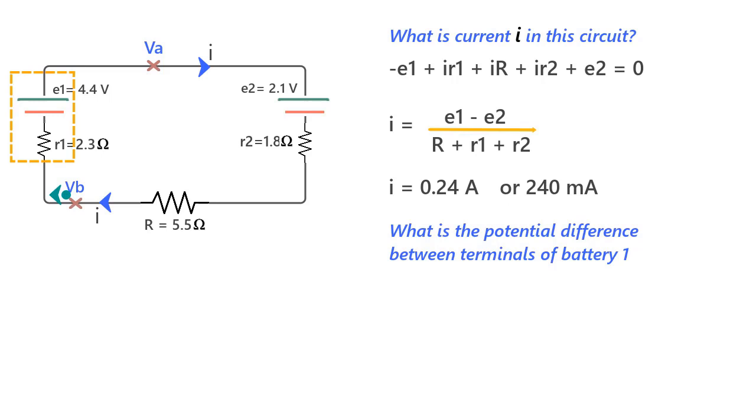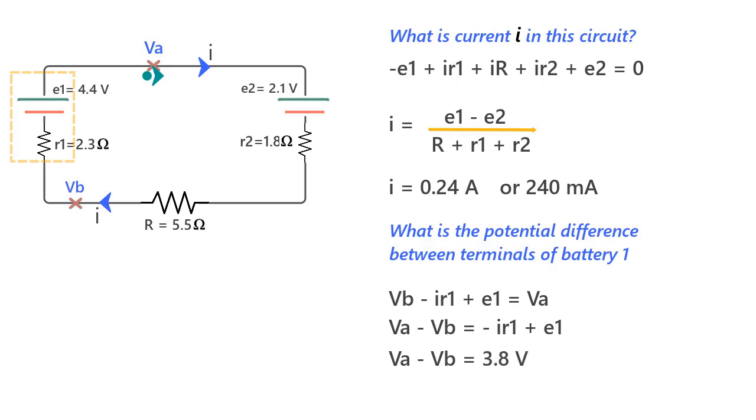So the equation we have, if we go around the loop, is VB minus Ir1 plus E1 is equal to VA, or VA minus VB is equal to minus Ir1 plus E1. And if you put the respective values, what we get is VA minus VB is equal to 3.8 volts.